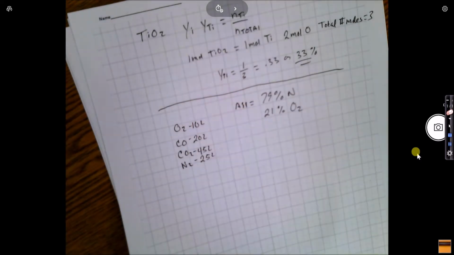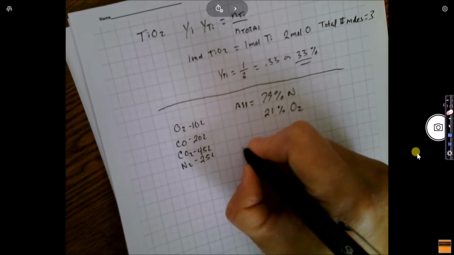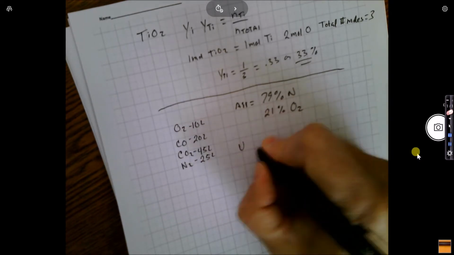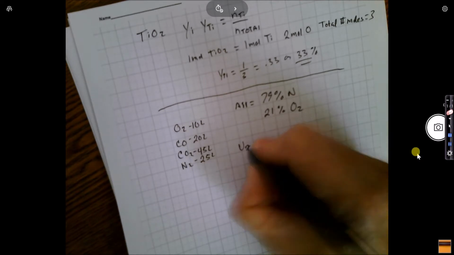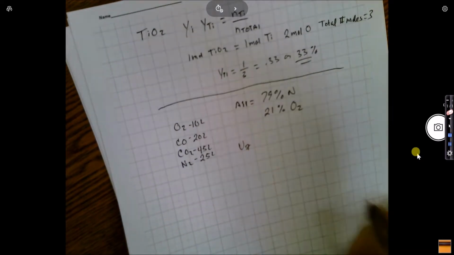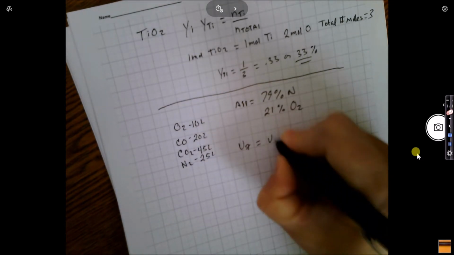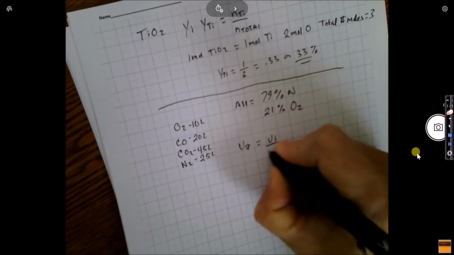And you're posed with the question, what is the volume fraction? Volume fraction, I apologize for not writing it already, is V sub i in the notation we use here, and is V of a species i over, you guessed it, V total.